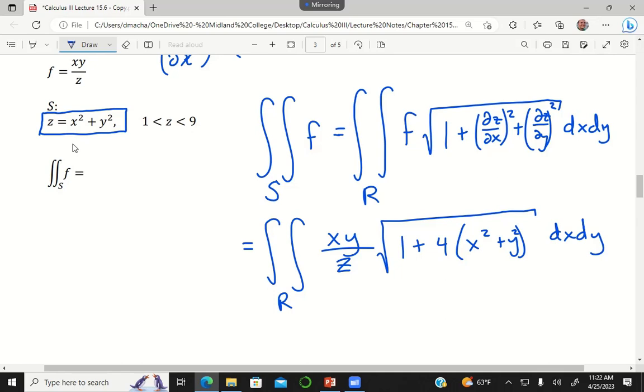Well, in this case, I'm taking the integral with respect to x and y, and so I only want variables x and y inside my integrand. And I've got this z, so I'm going to replace the z with the definition of z according to my surface. So I'm going to replace that z with x squared plus y squared.